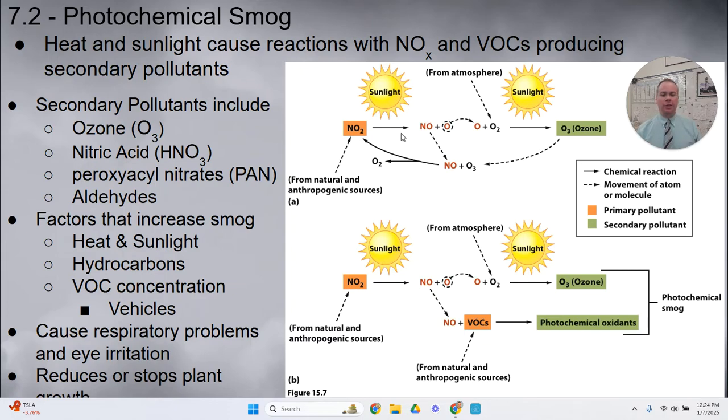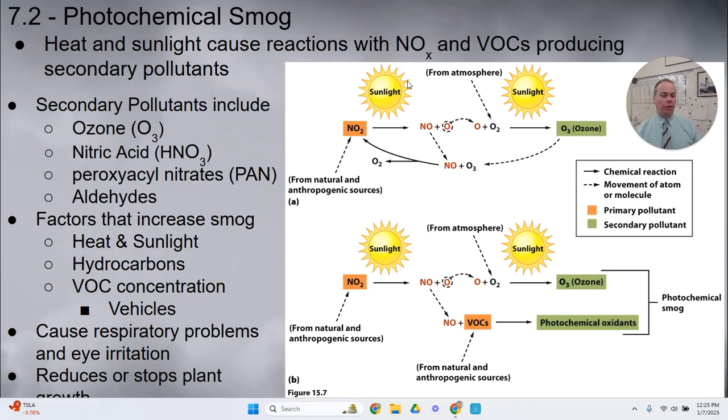We can see in this model the chemical reactions that take place to form some of these compounds. If we look at the top, this is under conditions in which you don't have VOCs. In normal conditions, nitrogen dioxide is released from anthropogenic sources, mostly vehicles.